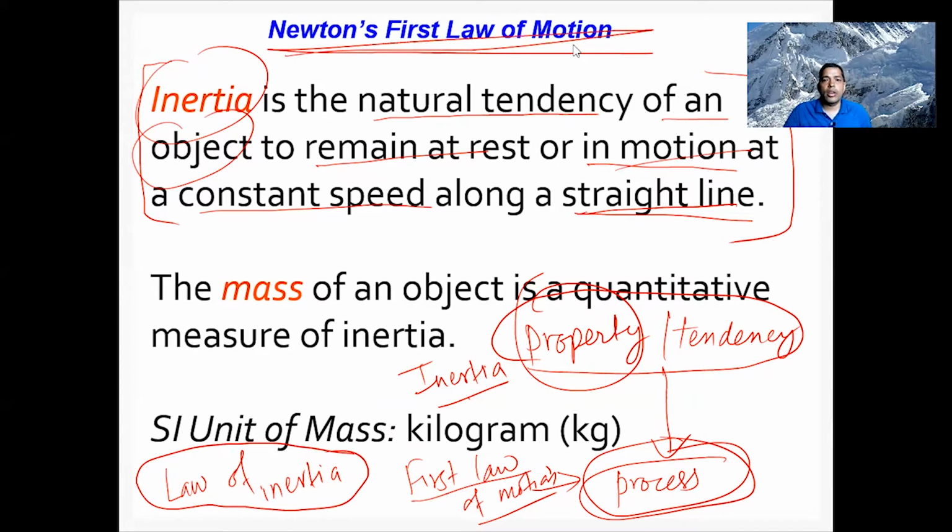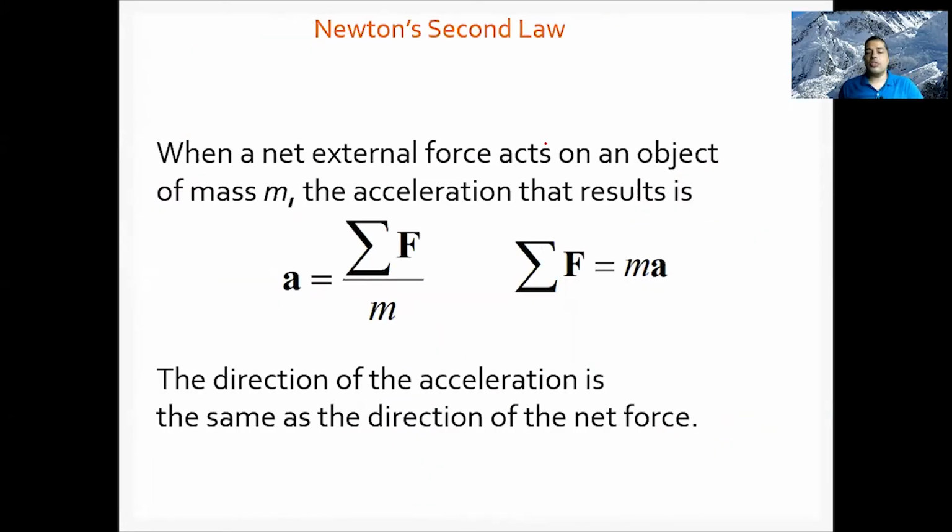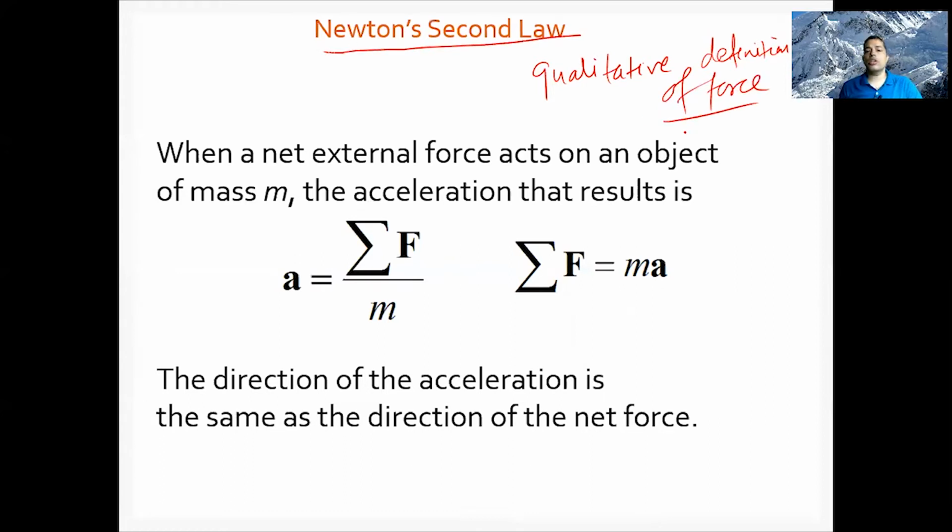All right. The first law of motion, we said, gives you the qualitative definition of force, right? What Newton's second law does is give the quantitative definition of force, meaning you have a formula.